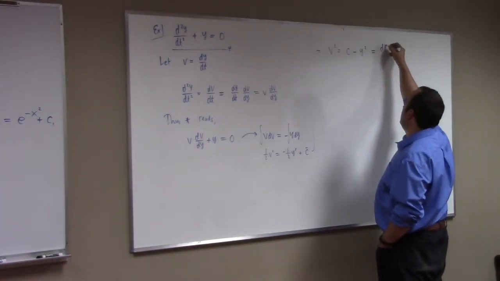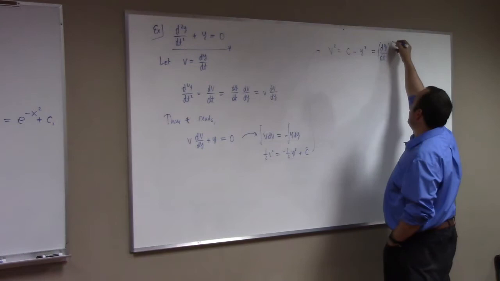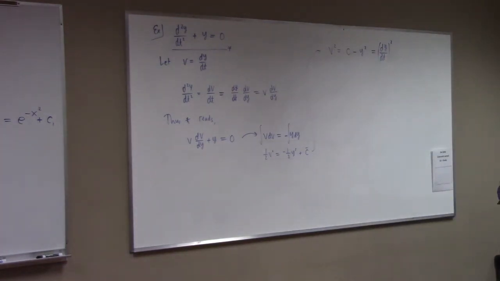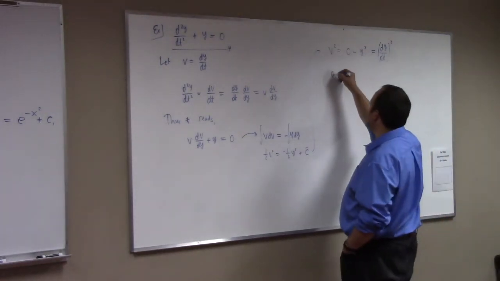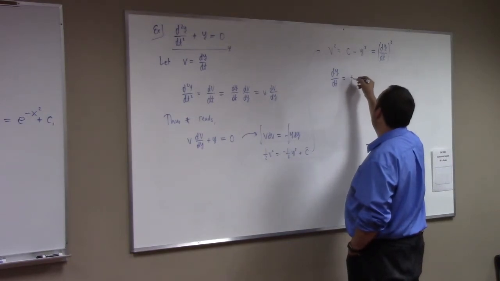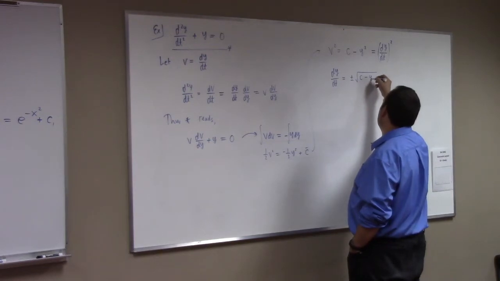Remember, this is dy dt squared, right? Going unsubstituting, yeah? So take the square root of that. What do we get? We get dy dt is plus or minus the square root of c minus y squared, yeah?